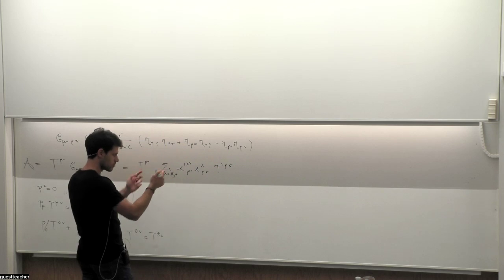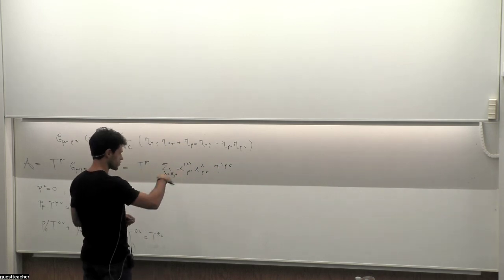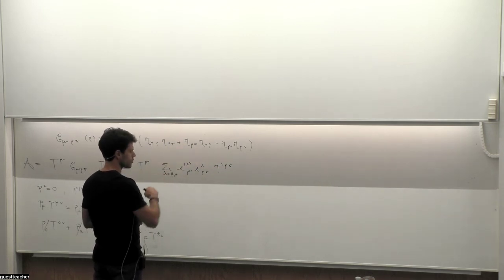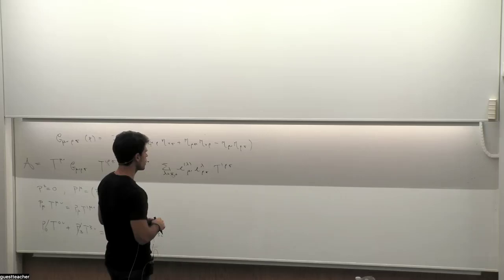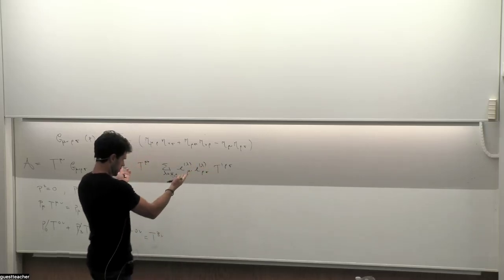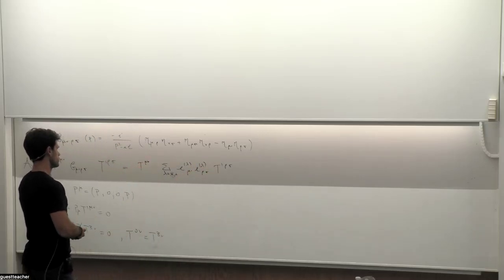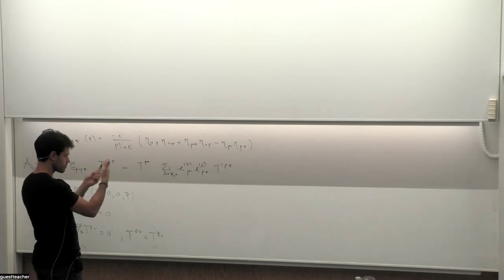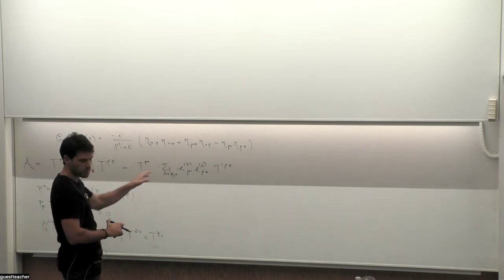So by using properties and so on, you can show that this will be the only one that contributes. If you want to show it, you can do that. The point is that once you go on shell, the two degrees of freedom will appear in some way.